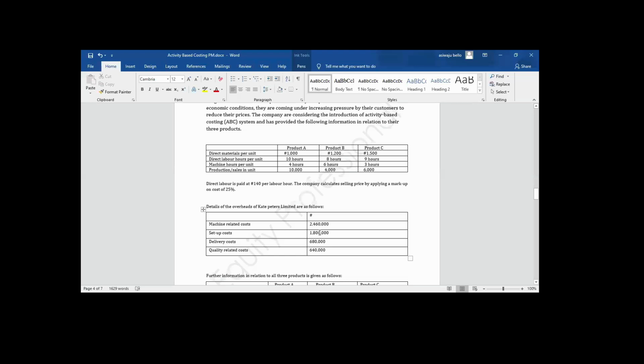We can sum: 2,460,000 plus 1.8 million plus 860,000 plus 680,000 plus 640,000. Please sum. Let us get the total overhead cost. $5,580,000.